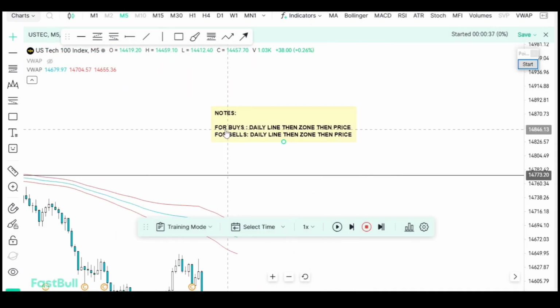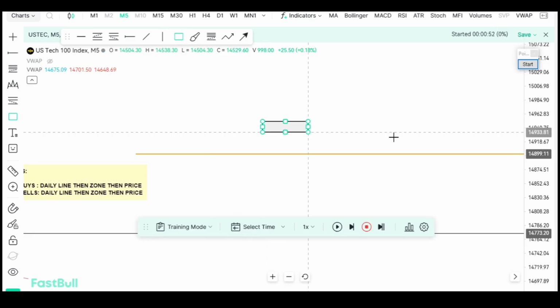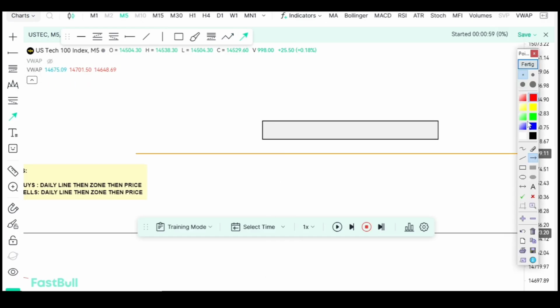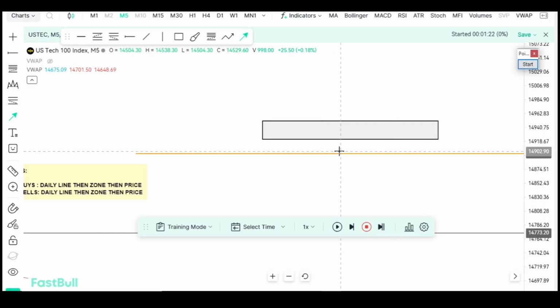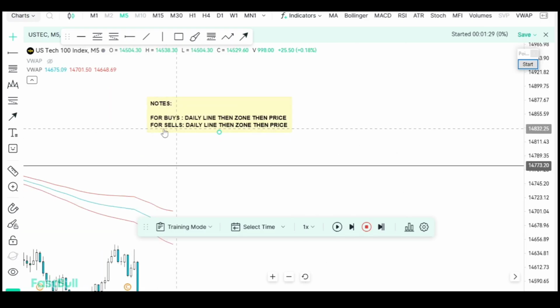For buys, daily line, then zone, then price. For sells, daily line, then zone, then price.